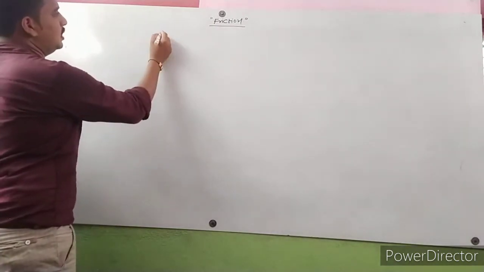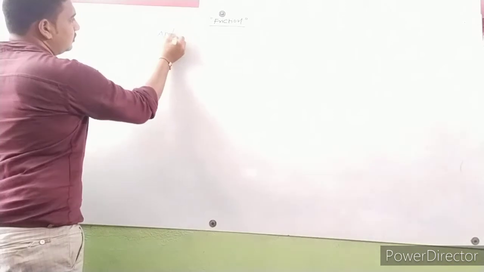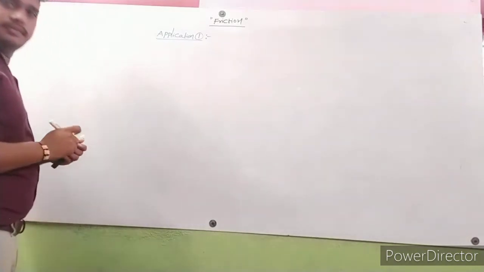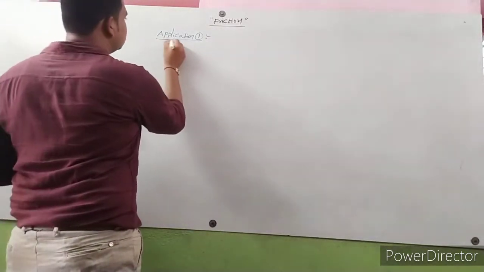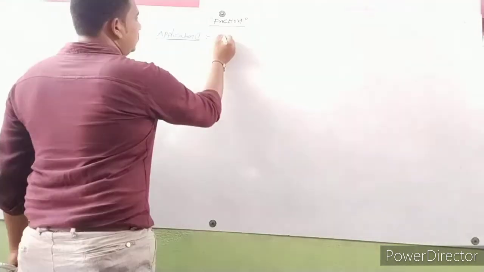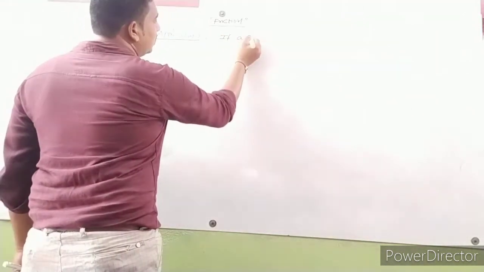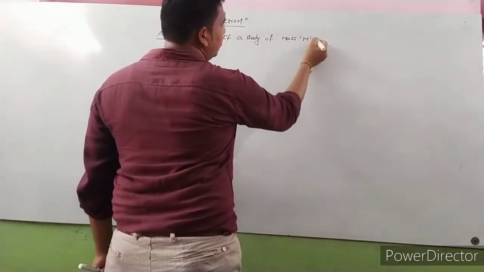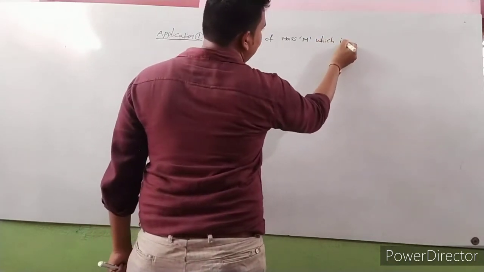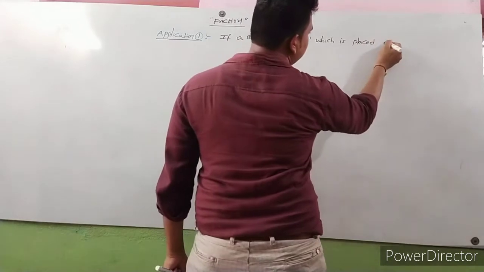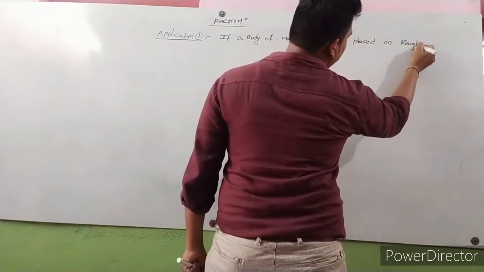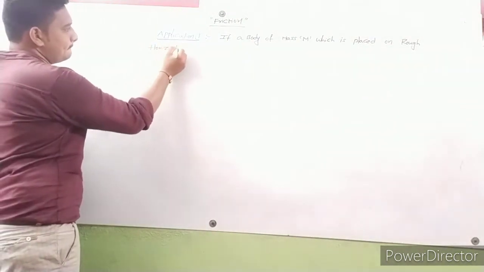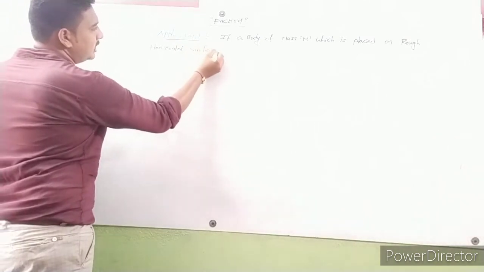So first, application number 1. If a body of mass m is placed on a rough horizontal surface.